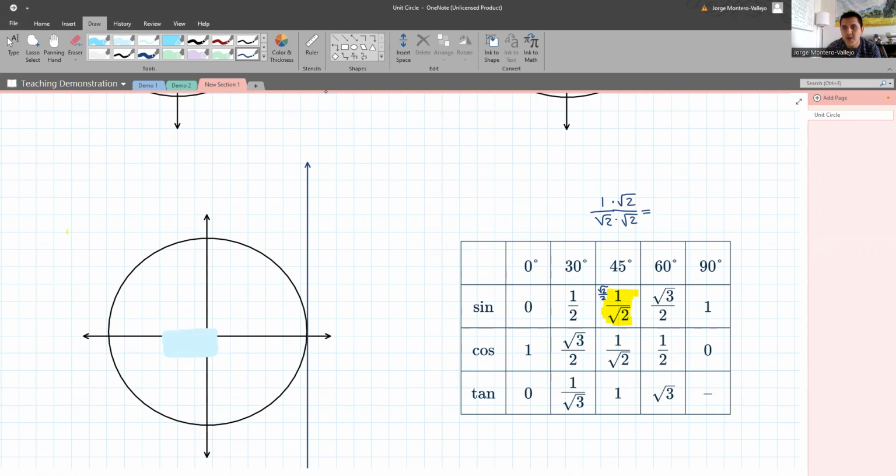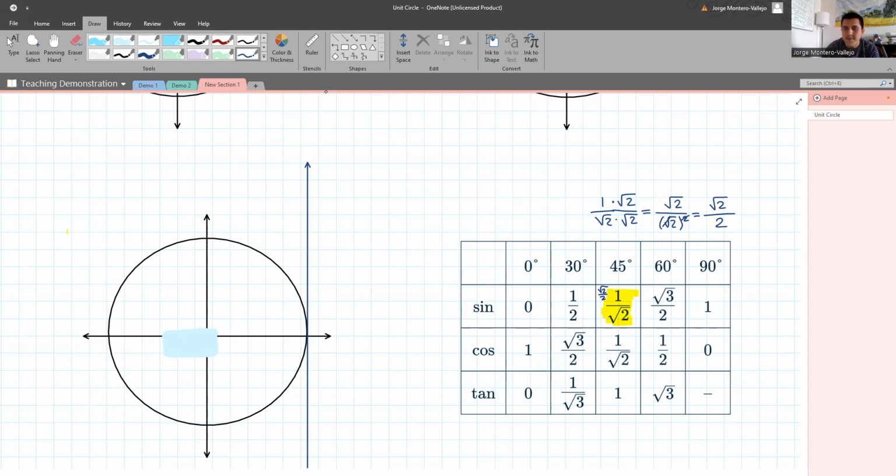When we multiply the two things in the denominator, we get the square root of 2 squared, and the square and the square root cancel each other out, so we are left with 2. The numerator is just the square root of 2 multiplied by 1. So we get the square root of 2 divided by 2.